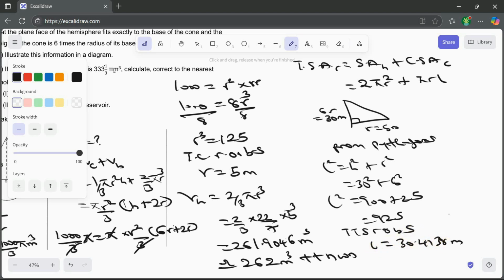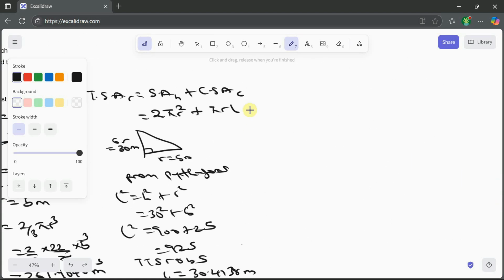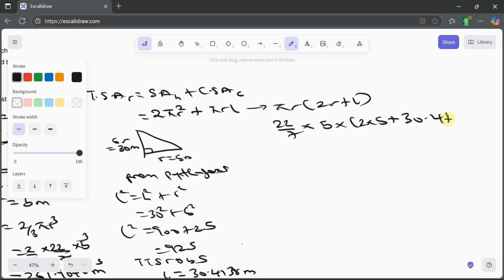30.4138 meters. Now that I know that, if I simplify this, factoring out pi r, this would be 2r plus L. So 22 over 7 times 5, times 2 times 5 plus 30.4138. So that's 22 over 7 times 5 times 10 plus 30.4138, which is 40.4138.